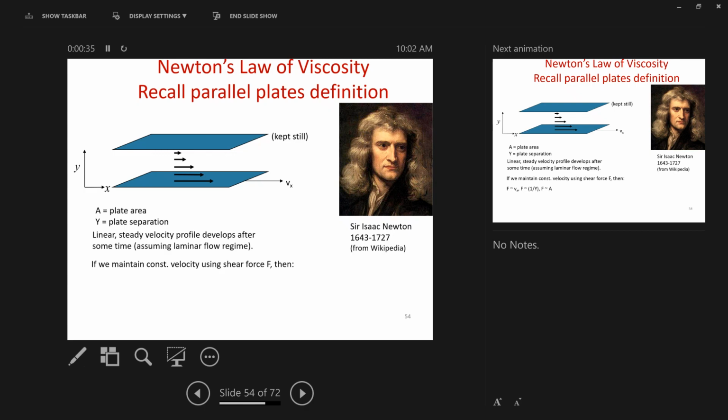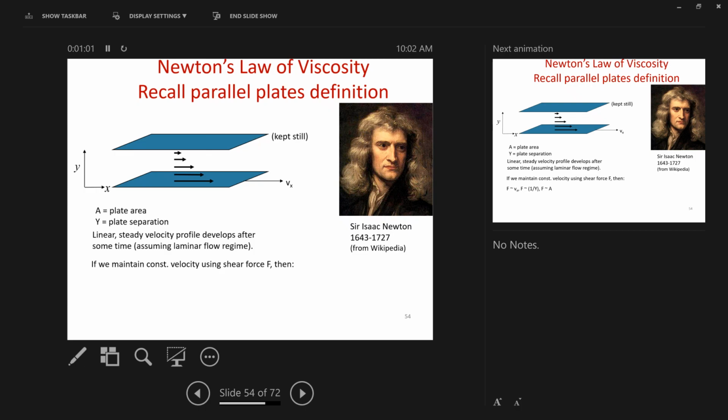My Vy, I'm assuming there's nothing going across, so there's nothing driving the fluid in general going across. So Vy is 0, so I have only one coordinate velocity. And basically, in order to maintain that state, I have to exert constant force on this bottom plate.